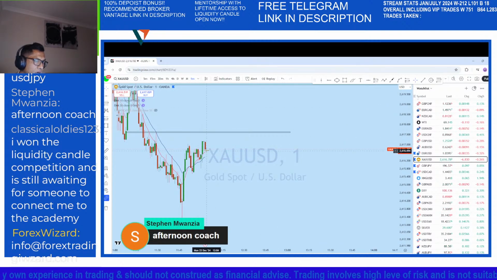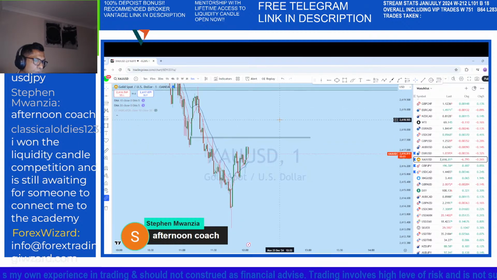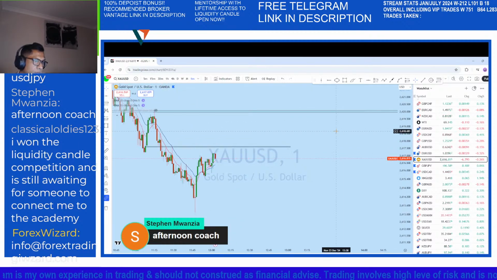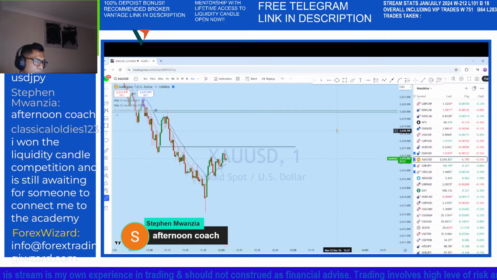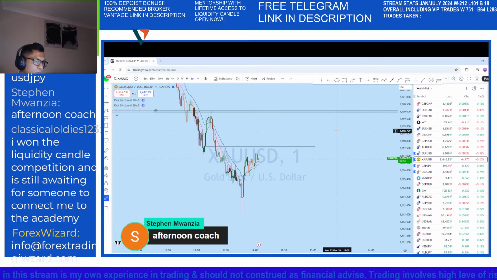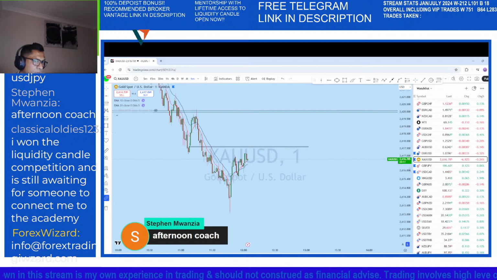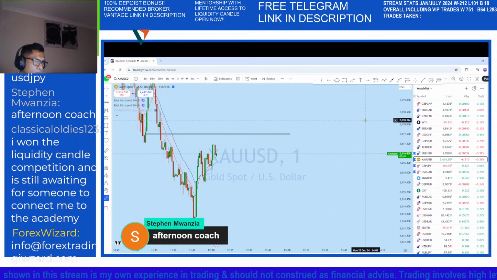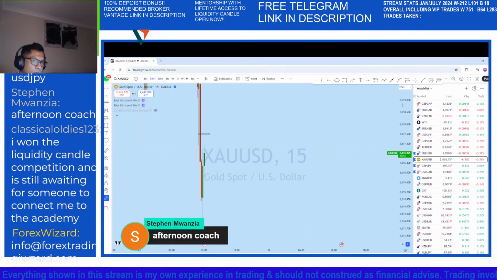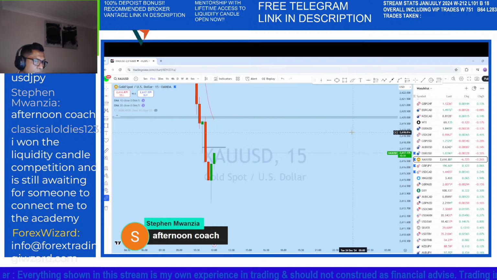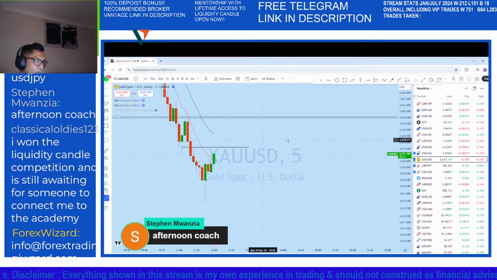Locally, we could see the market is moving in that direction. So you can see the market trend is up here, locally moving back up.